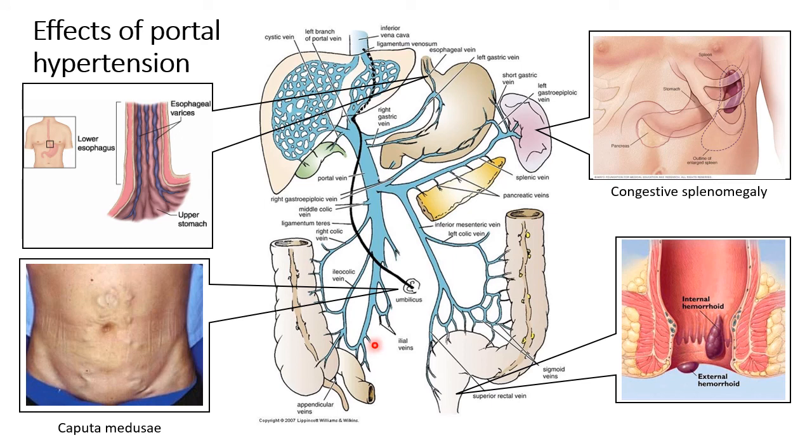So these are the conditions that can result from portal hypertension. One of them is the esophageal varices. We already covered that in the last lecture. If there is portal hypertension, there is also congestion and dilatation of the veins towards the end of the rectum in the anal canal, and this condition is called hemorrhoids or piles.